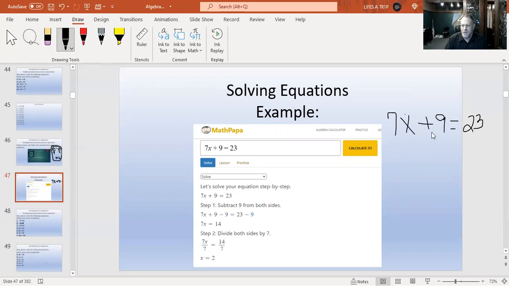So let's start at the top. Our ultimate goal is to get this x by itself completely, but there's a 7 attached to it. So we're going to work our way toward it, just like we always have done before. The inverse operation of a plus 9 is that we're going to do a negative 9.